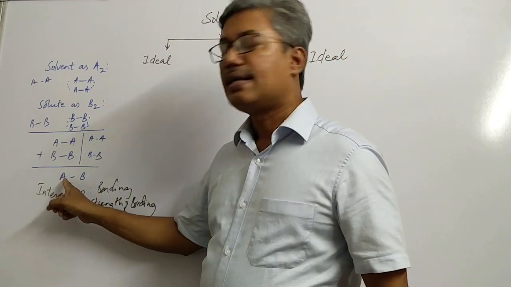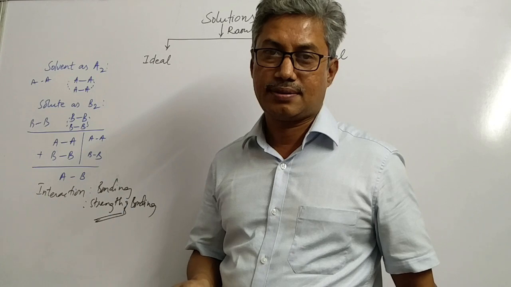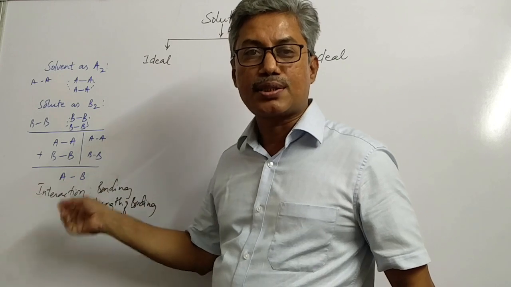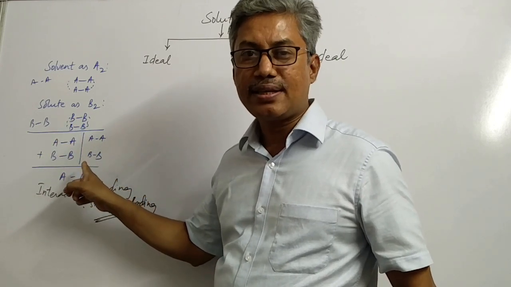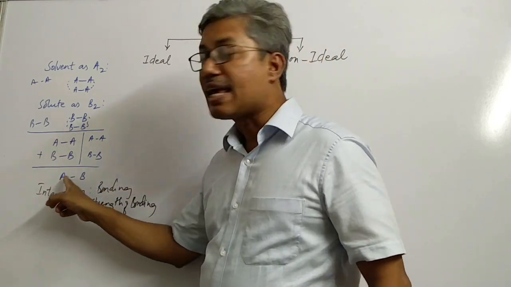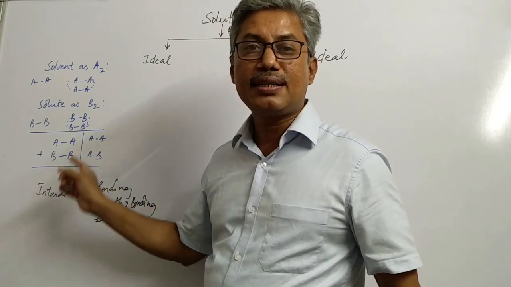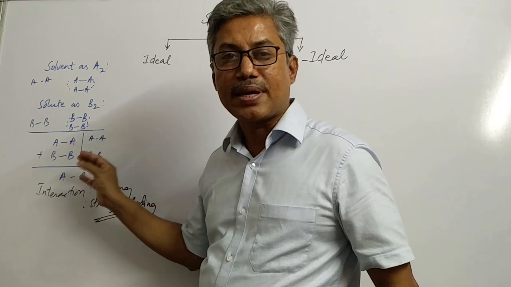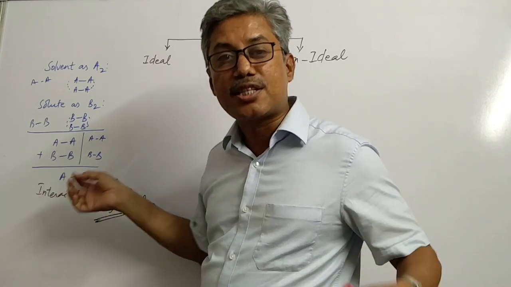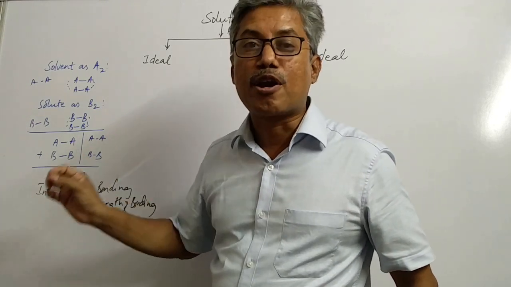The A-B interaction, that means A-B bond strength, can either be equal to the bond strength of A-A and B-B, or it may not be equal. I repeat, the A-B interaction is equal in strength to the A-A interaction and the B-B interaction, or it may not be equal.